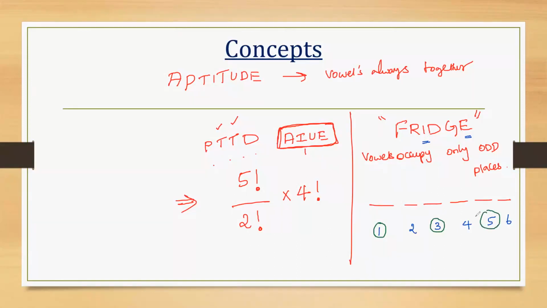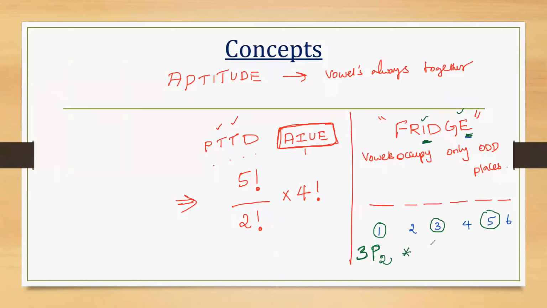Out of 3 places, the vowels are going to occupy only 2 places, right? We have only 2 vowels. So 3P2. This is the first point. Out of 3 odd places, 2 are going to be filled. Remaining, how many letters are there?